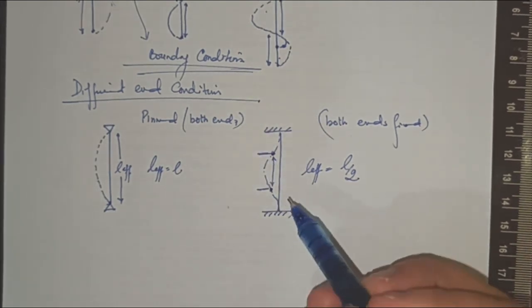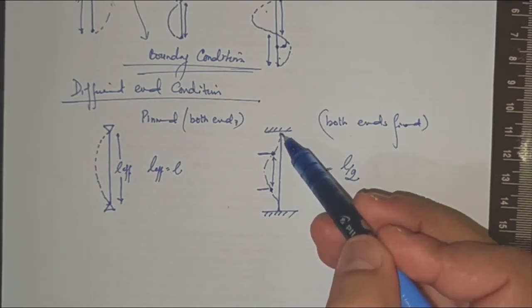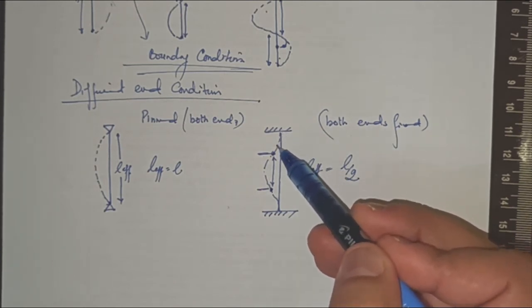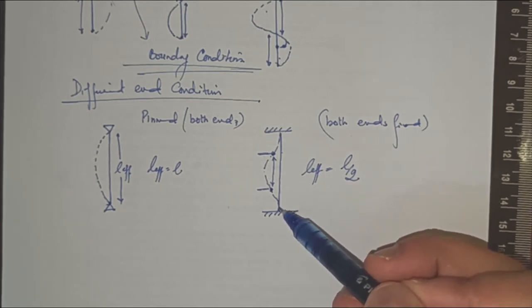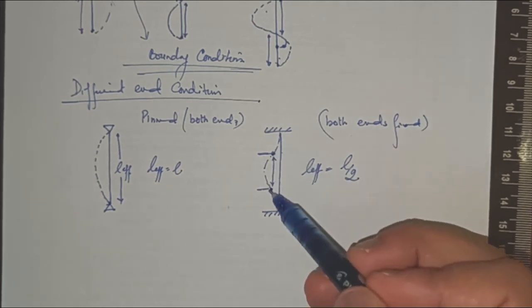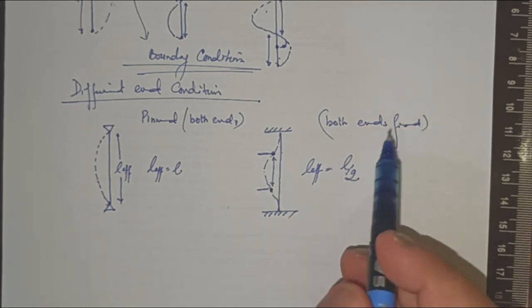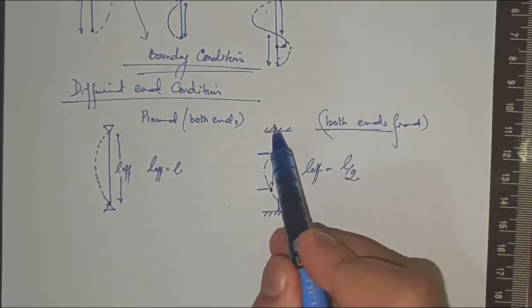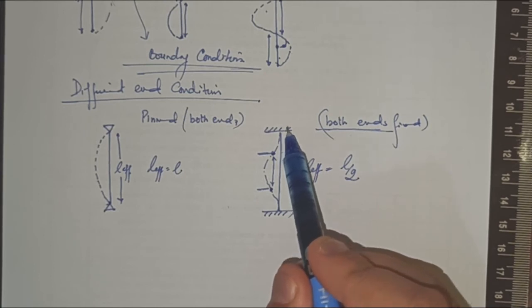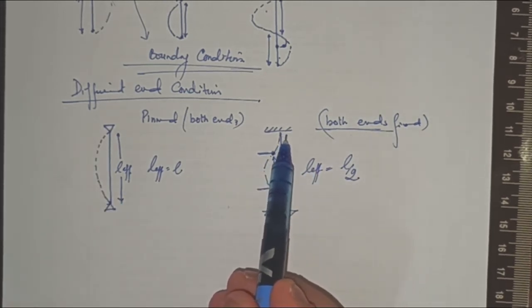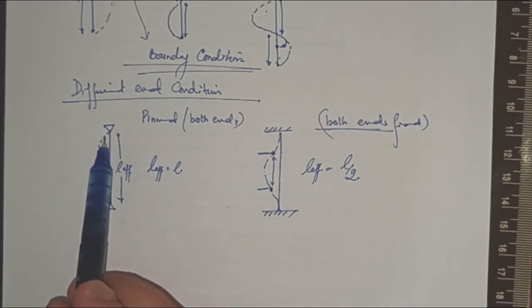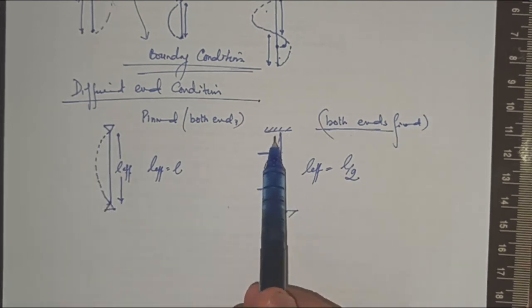Half means 25% of the length is gone just to take care of this boundary condition, and 25% gone here to take care of this boundary condition. Effectively only half of the length buckles, in the condition in which both ends are fixed like this. What is the difference in both the conditions? In the pinned cases, the rotations are allowed. Here the rotations are also not allowed.